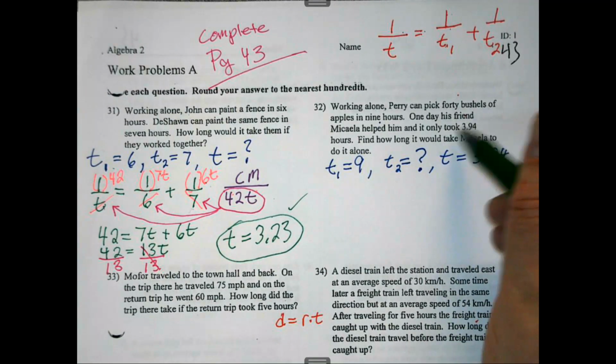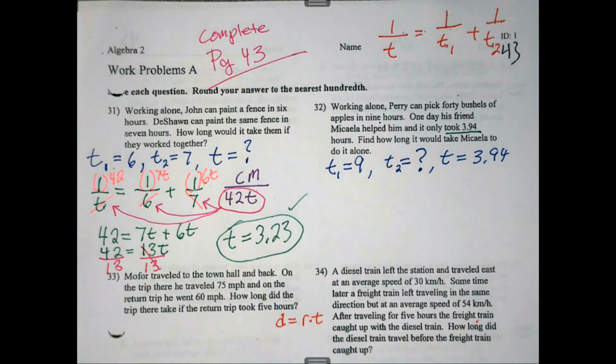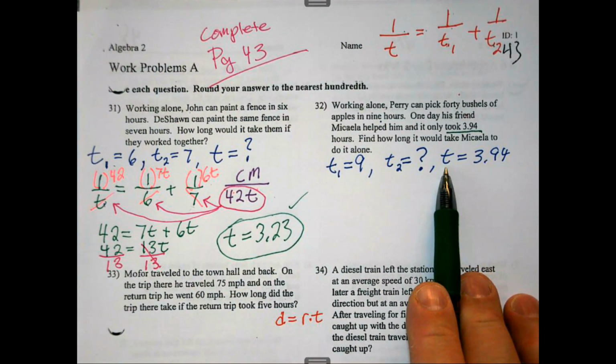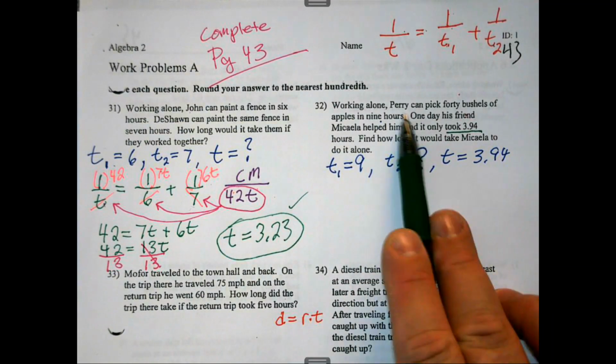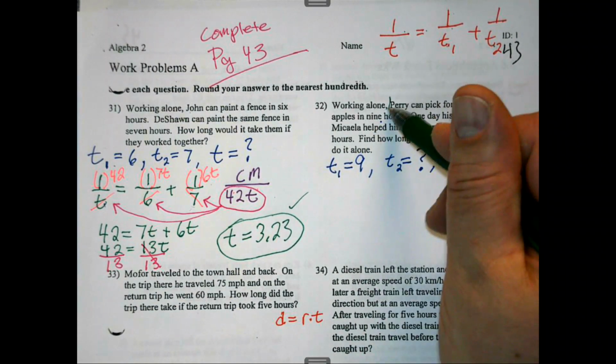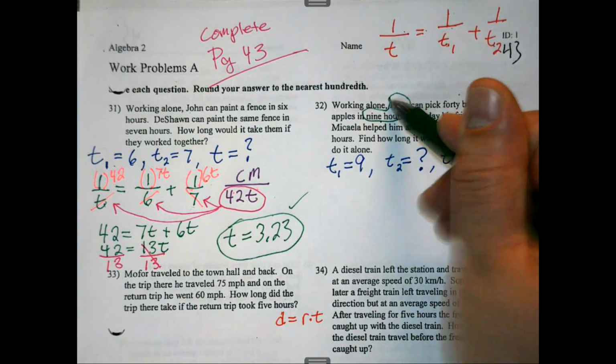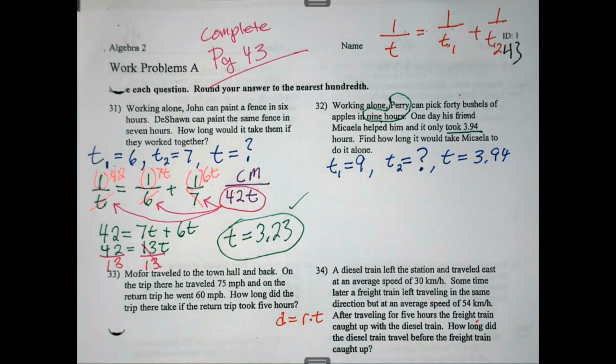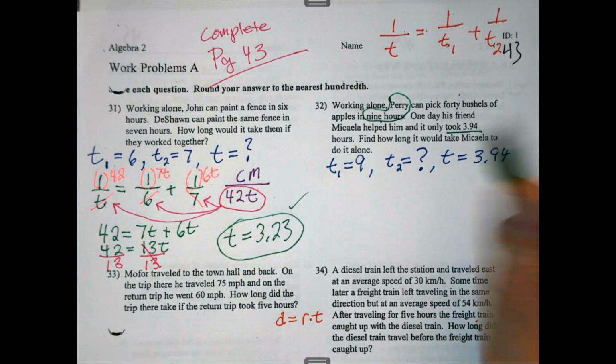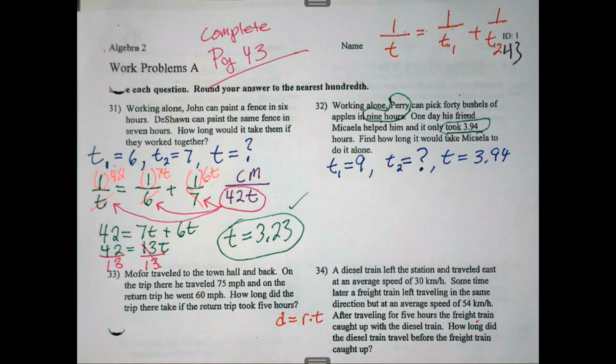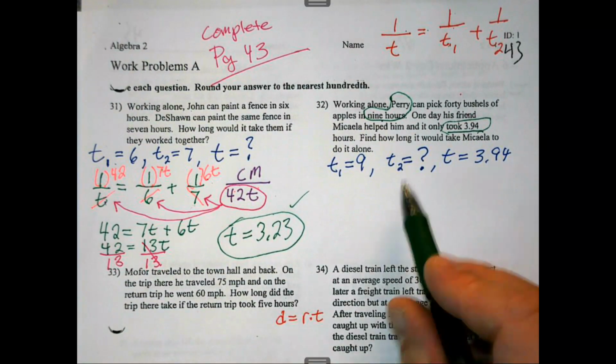Both of them together took 3.94. So that's my total time. The 9 is just Perry. Oh, I didn't see that. 9 hours was just Perry. Okay. The total took 3.94. So I got to find T2.